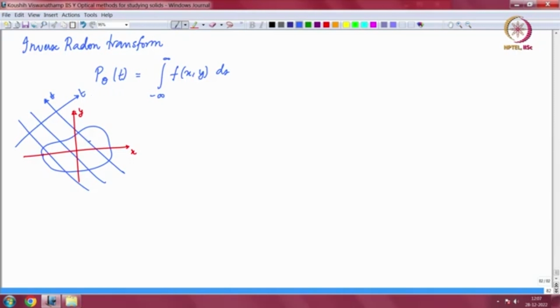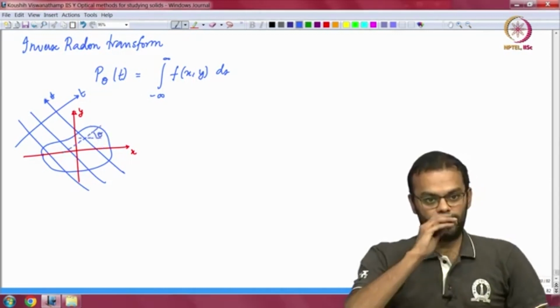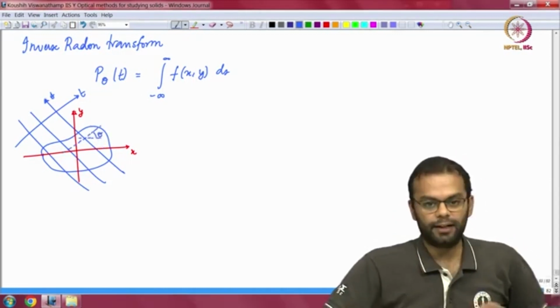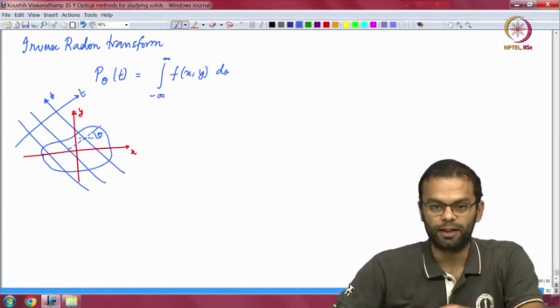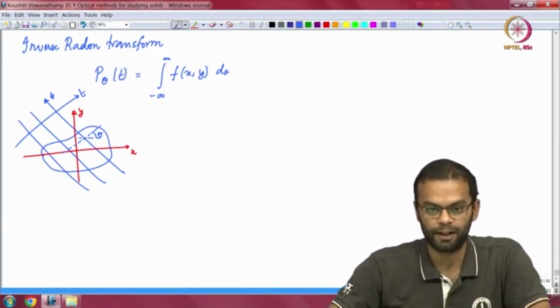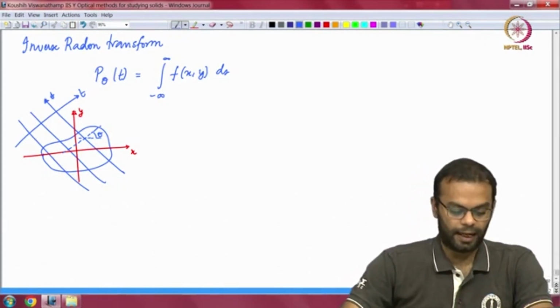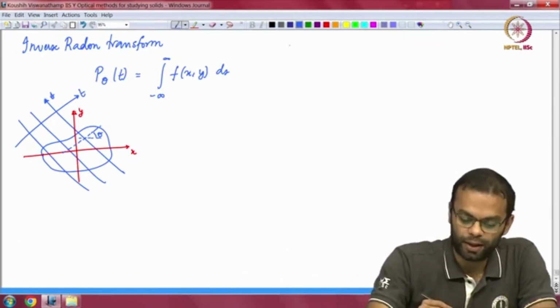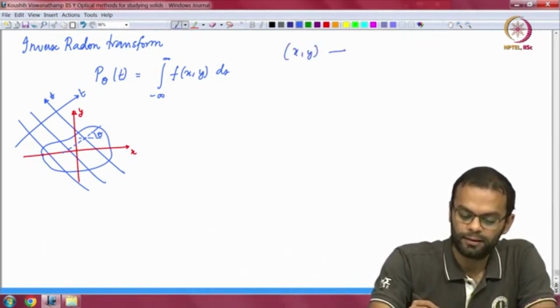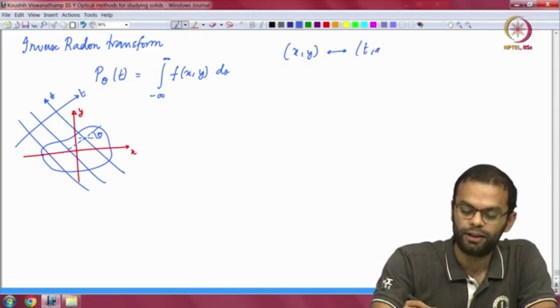that we had over here was theta, right, and t was in the normal direction, and n hat dot r bar was equal to t, that was our equation of the line, and we discussed that you can transform from x comma y to t comma s using a rotation matrix, right.